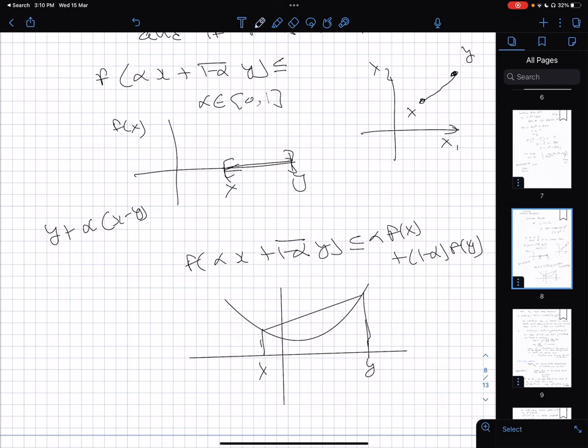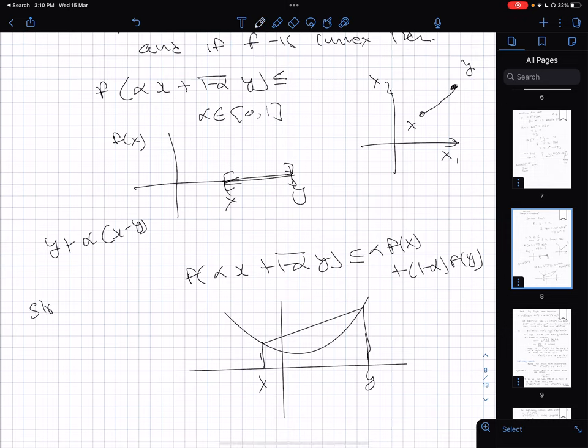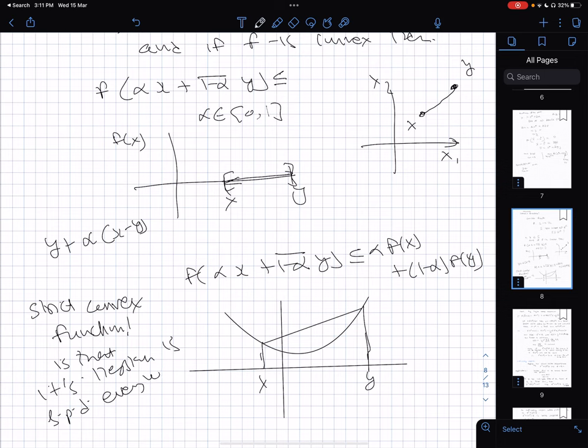And one interesting property of a strictly convex function is that its Hessian is symmetric positive definite everywhere. It is very easy to check with f of x equal to x square.